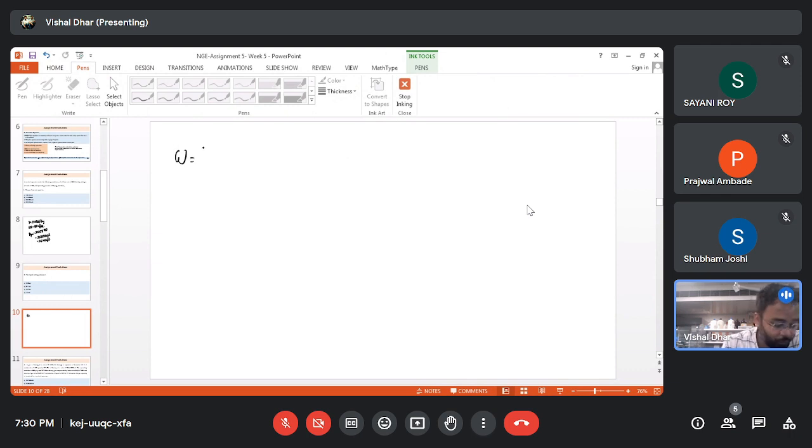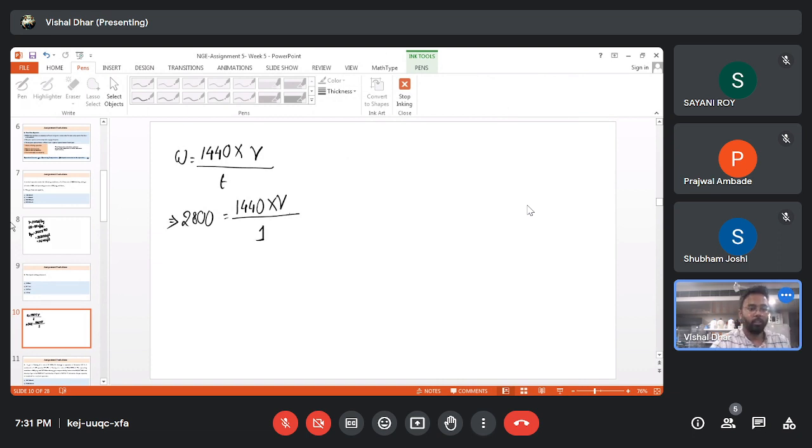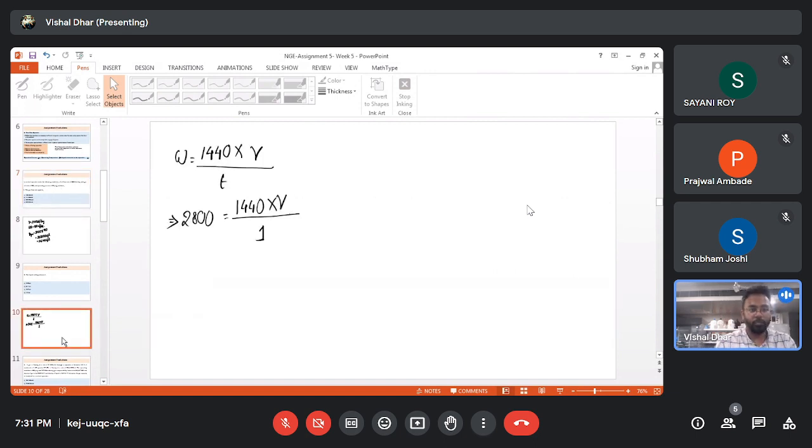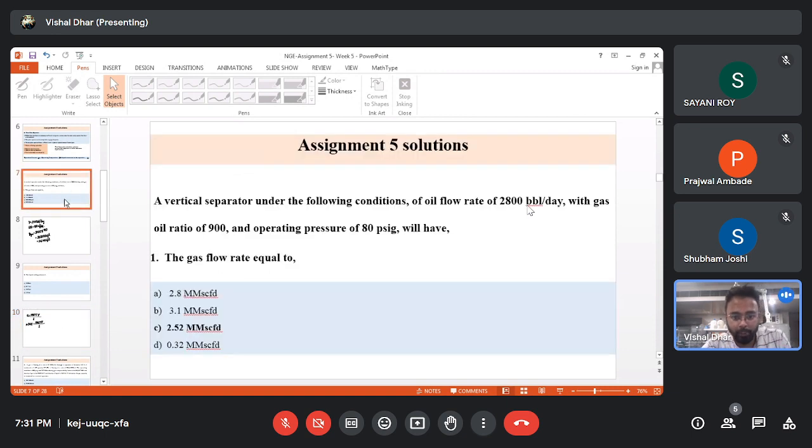The formula for that is W equal to 1440 into V divided by T. W is the flow rate of the liquid, it is 2800, then 1440. We have to find the volume. The time we will be taking as 1 hour, as it is not given in the question. If it is not given in the question, we will be taking it as 1 hour.